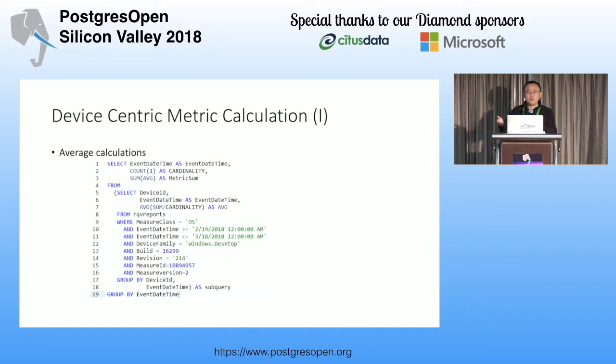Let's just say for this measure, there's 1 million device IDs, and it's a 28-day data aggregation query. So the inner select query generates about 28 million data points, and the outer query collects them down into 28 data points.